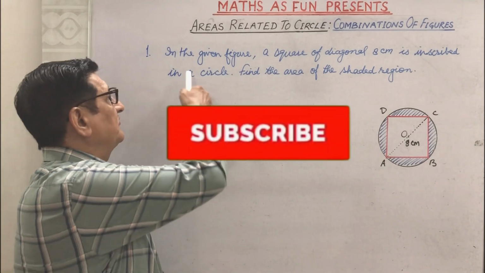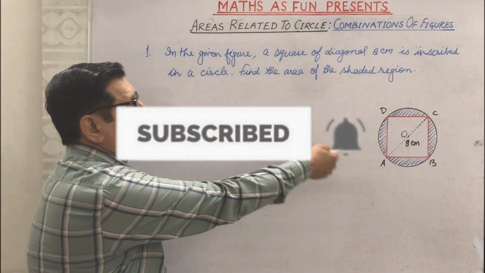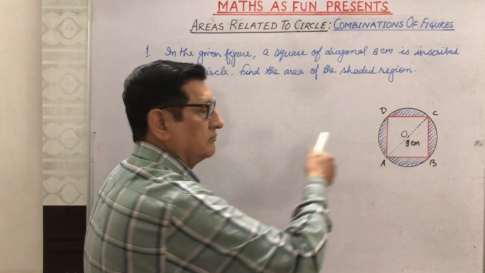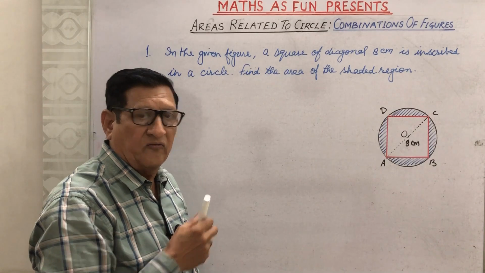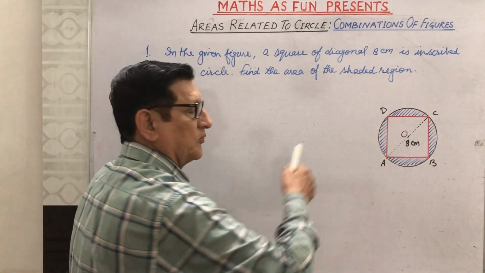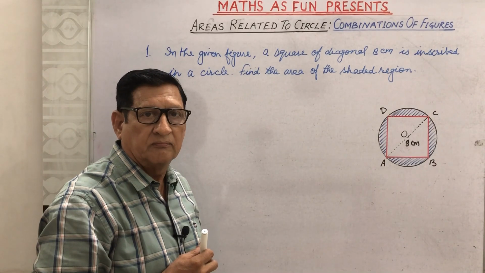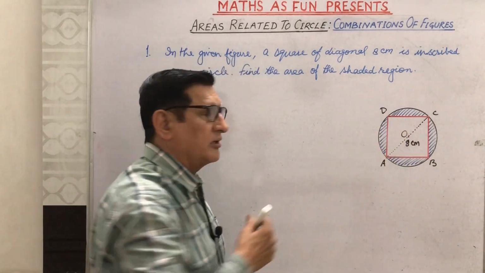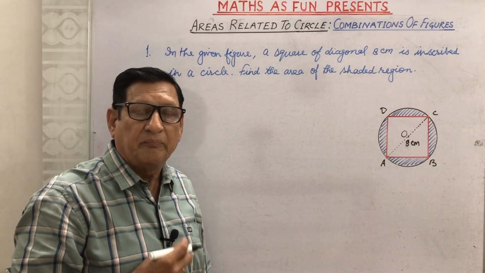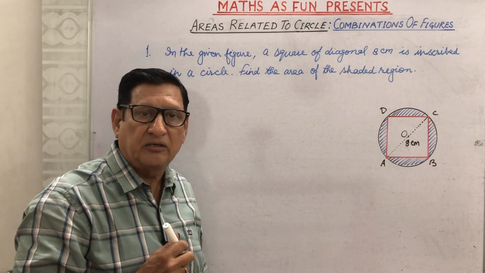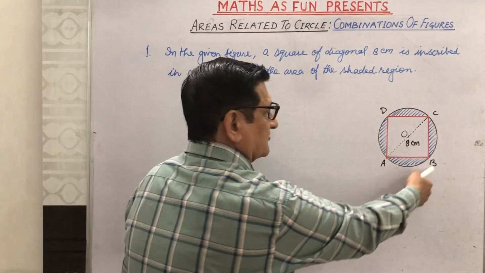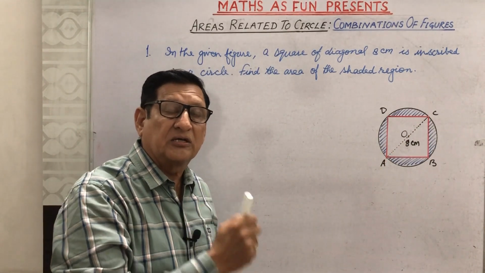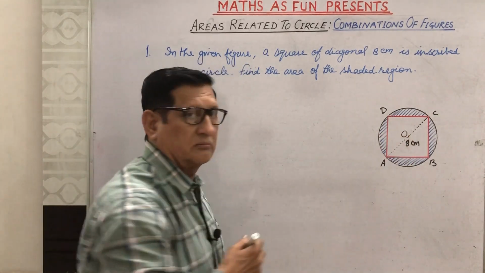The first example we are taking here is, in the given figure, a square of diagonal 8 cm is inscribed in a circle. We have to find the area of the shaded portion. We know that if a square is inscribed in a circle, because every angle of that is 90 degree, it means every portion of this will be making a semicircle, and then we can say the diagonal will be the diameter.